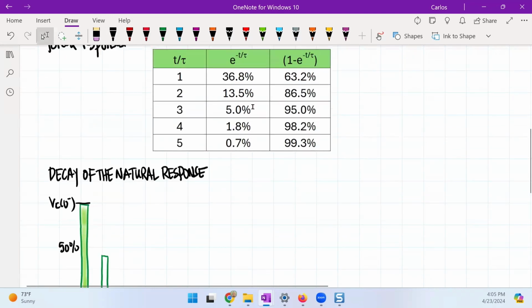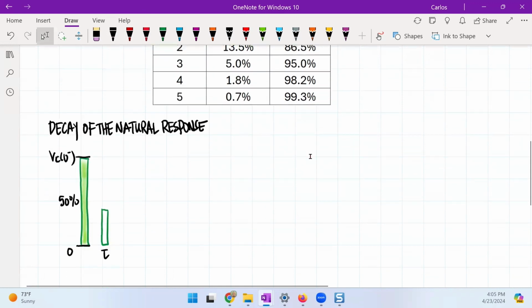And then the second one goes to around 14%. So when I look at 14%, if this mark here is 25, it's got to be smaller than that. So I'm going to say that this guy might be around right here. And this is going to be at 2 tau. So when I get to 3 tau, you could see that it's 5%.